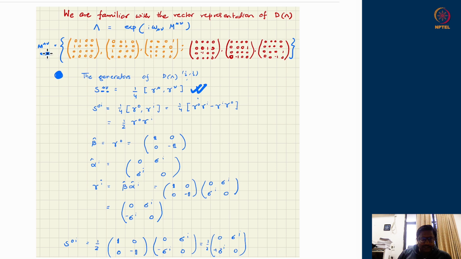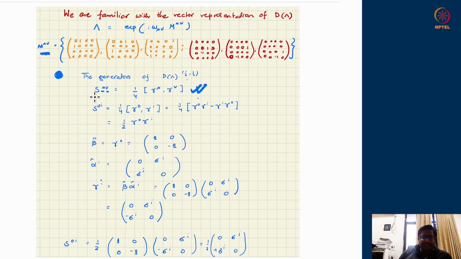Remember, this has 6 pieces in it, 3 rotations and 3 boosts, and they satisfied a relation amongst themselves which was suitable for Lorentz transformation. The claim is that if I take this set S mu nu, it also has 6 components, S01, S02, S03, and S12, S23 and S31, just like what M had.